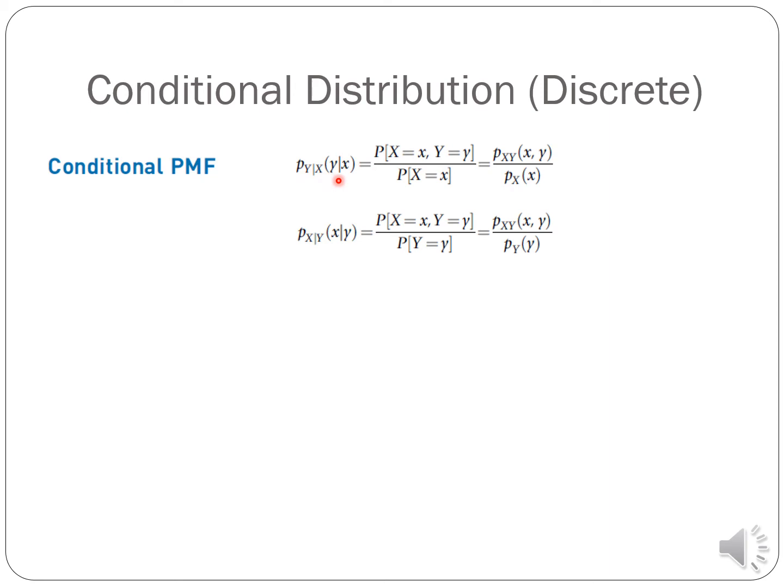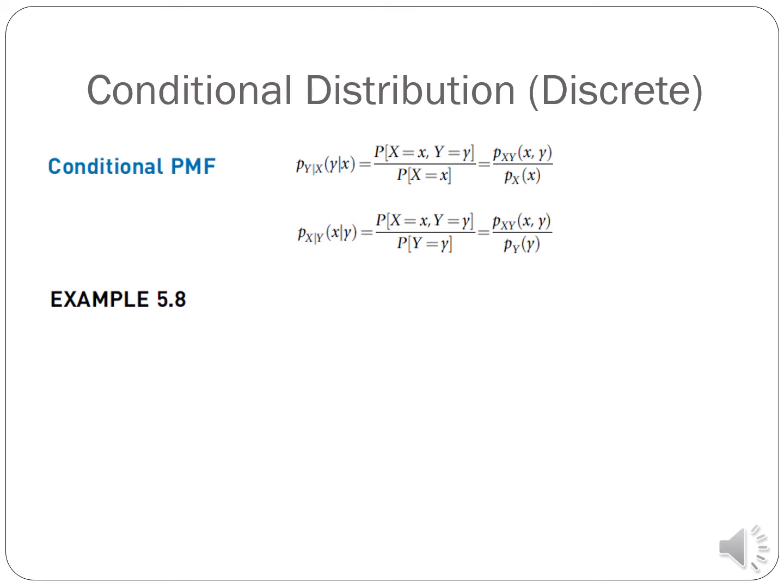We are going to divide the joint PMF Pxy by Px. Simple as that. Similarly, when we are going to find the probability of x given that y equal to small y, the probability can be calculated using this formula, joint PMF divided by Py.